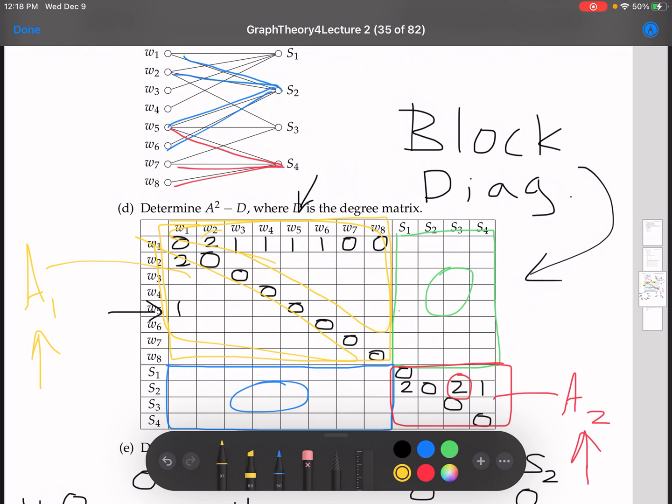And so this 2 right here indicates that not only is there an edge between W1 and W2 in the graph defined by A squared, 2 edge walks, but it also means that there's more weight given to this relationship between W1 and W2.